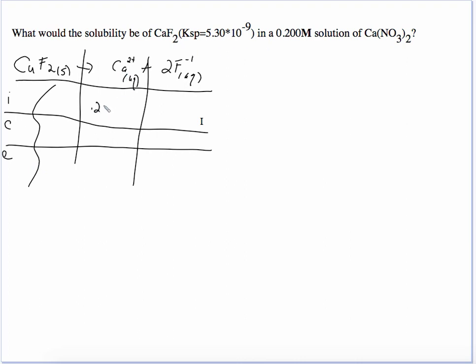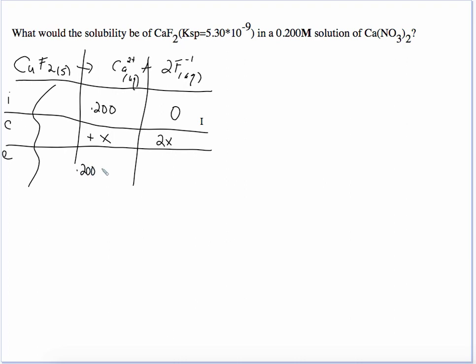Solids don't matter. So now we're starting off already in a 0.200 molar solution of calcium nitrate. Calcium is the common ion. Fluoride's not common, so that's 0. This is going to go up by x, and this is going to go up by 2x.